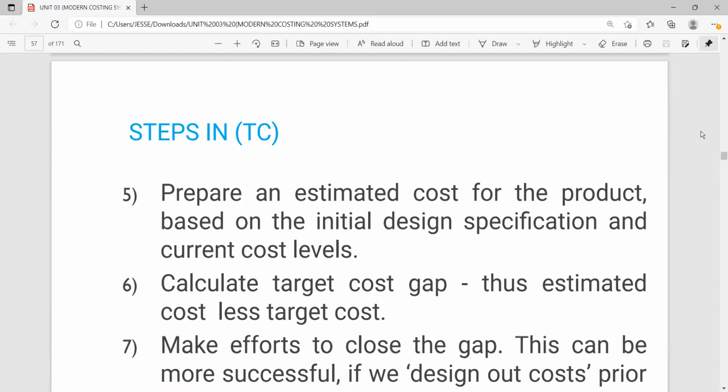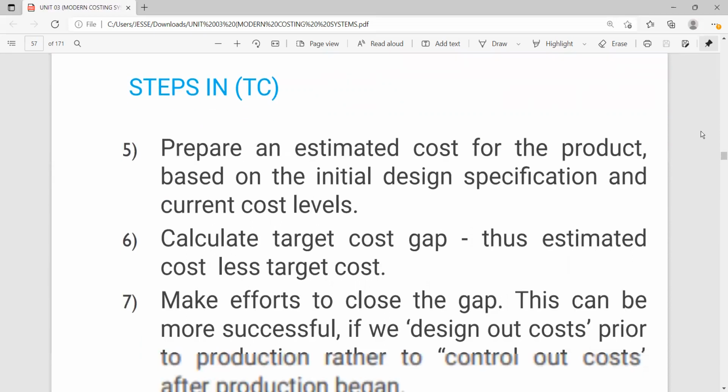So we have to calculate the target cost gap. The target cost gap is the estimated cost minus the target cost. The estimated cost is 400,000. The target cost is 300,000. So we have a target cost gap of 100,000.